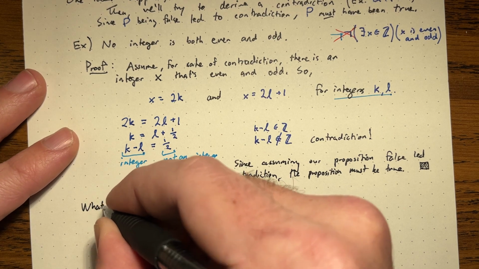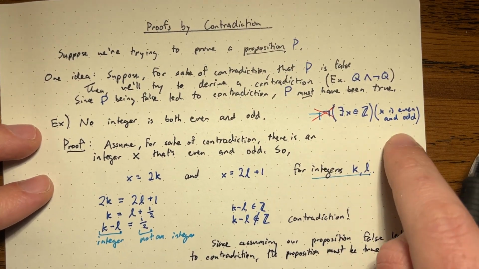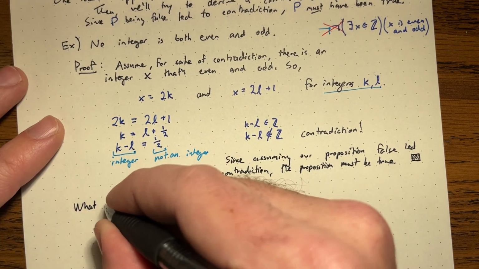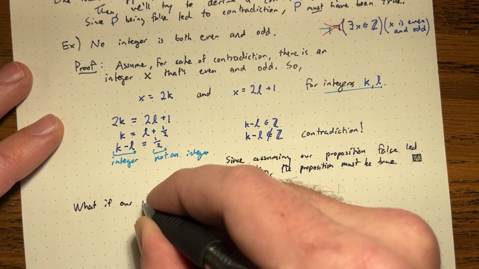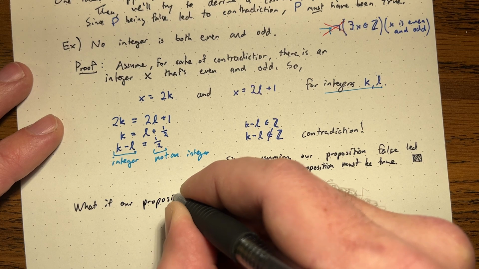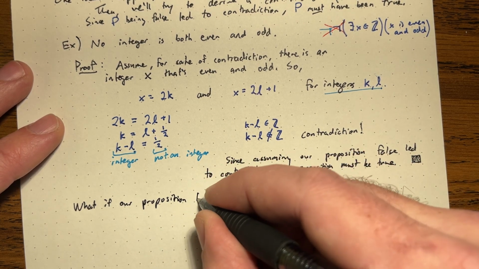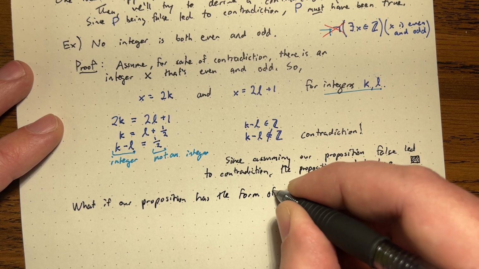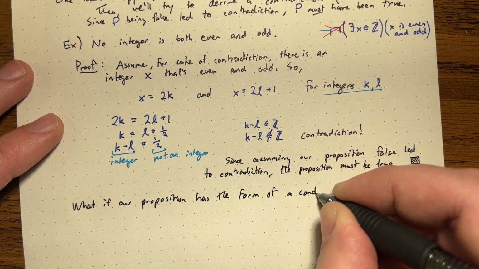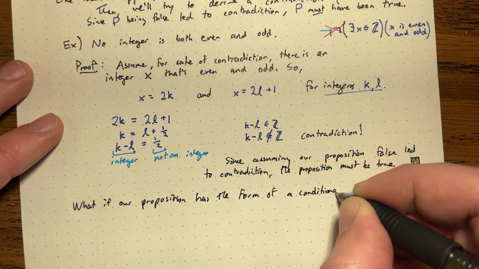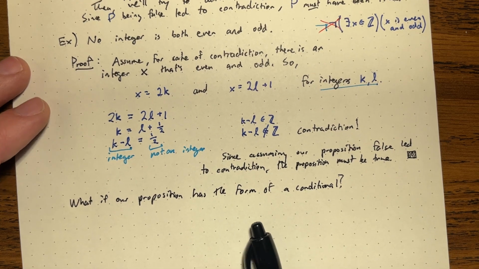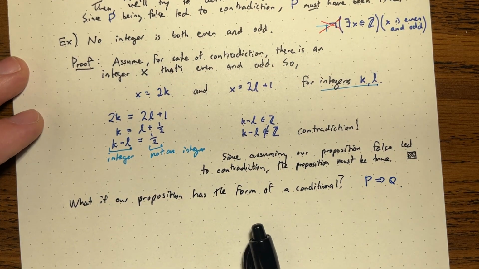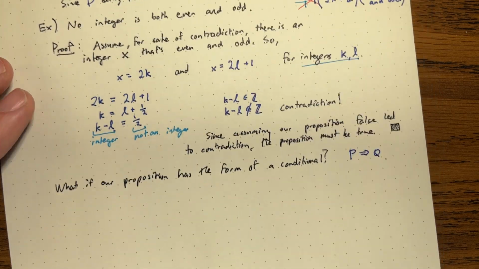What if our proposition has the form of a conditional, if-then, of a conditional statement? So like this kind of thing, P implies Q. Can we still do proof by contradiction?